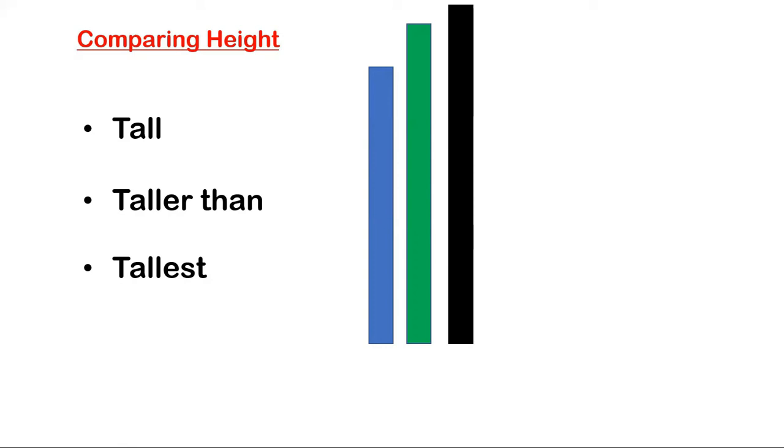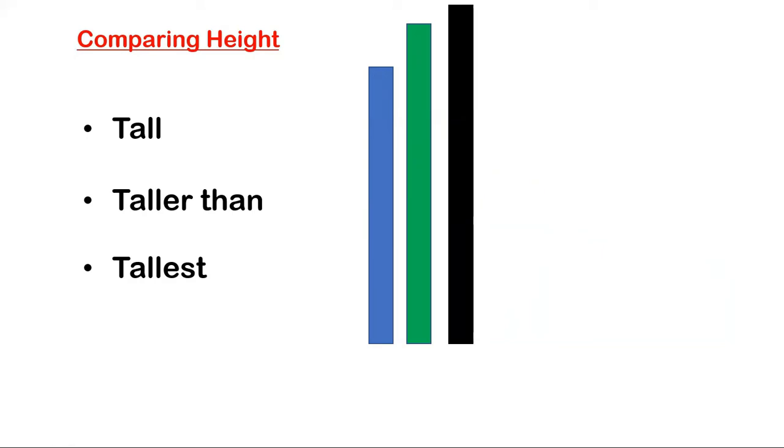So when we compare height, we don't use long, longer, and longest, but we use tall, taller, and tallest. The blue bar is tall, the green bar is taller than the blue bar, and the black bar is the tallest.